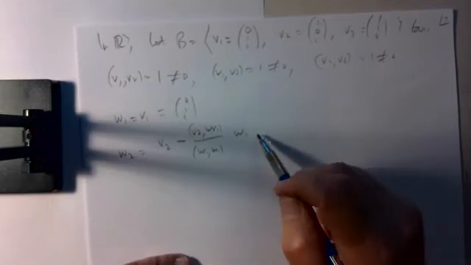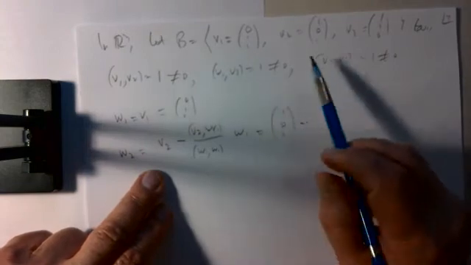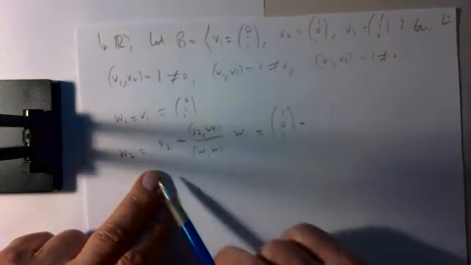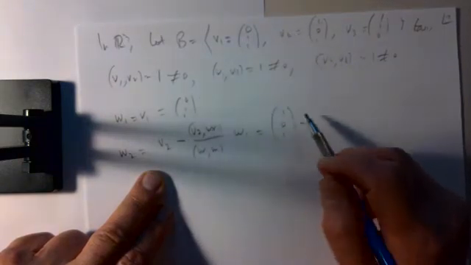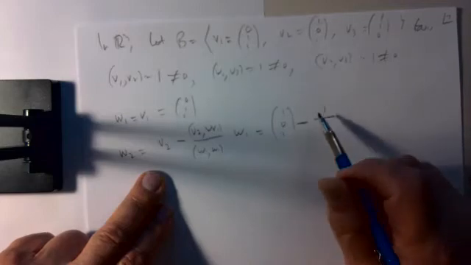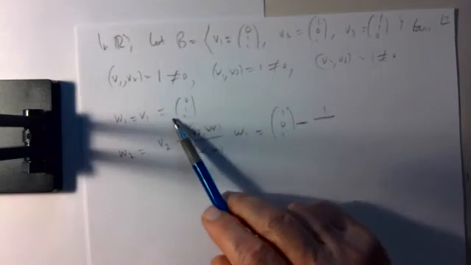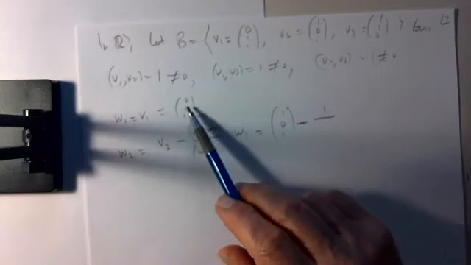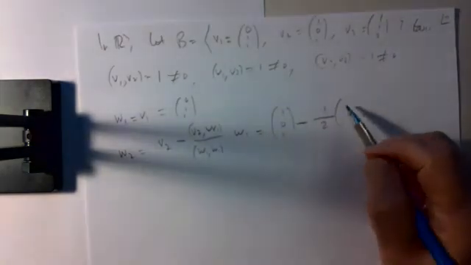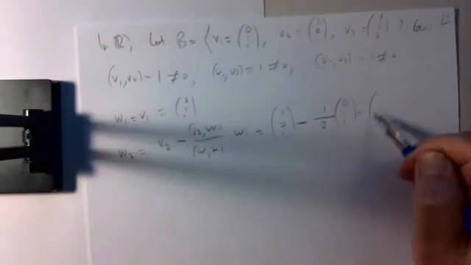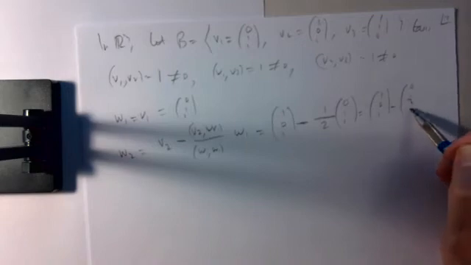Let's see what that is. v_2 is the vector (1, 0, 1). The inner product of v_2 and w_1 is the same as the inner product of v_2 and v_1. It's 1. The inner product of w_1 with itself is 2, times w_1, (0, 1, 1). So that's (1, 0, 1) minus the vector (0, 1/2, 1/2).